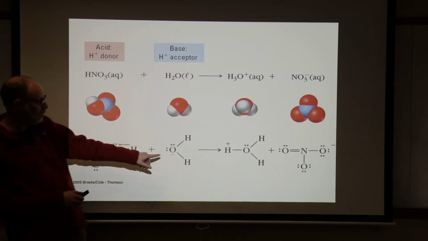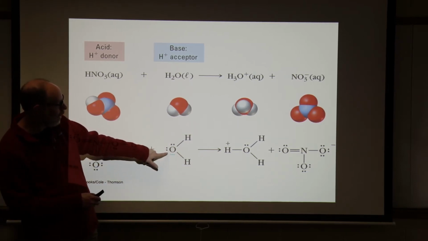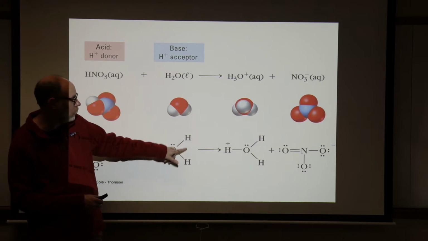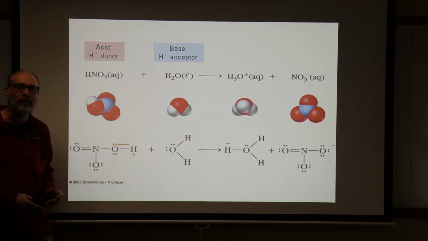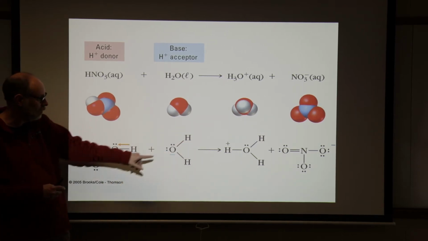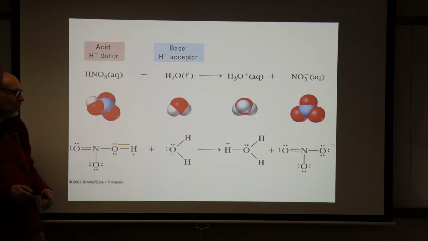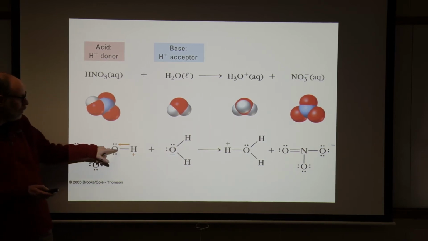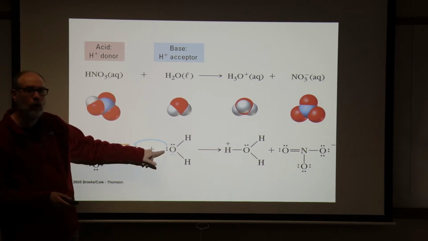And you'll notice over here the water. We said the oxygen is partially negatively charged, while the hydrogen is partially positive due to the polarity of that molecule and the electronegativity of the oxygen. And I want you to notice that we said here we need a highly polar bond, and here we need a lone pair.